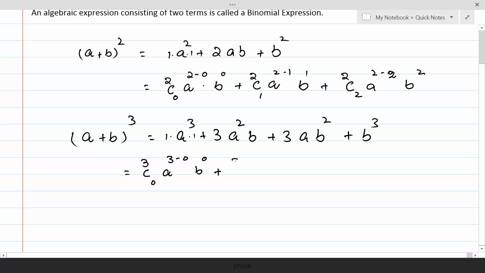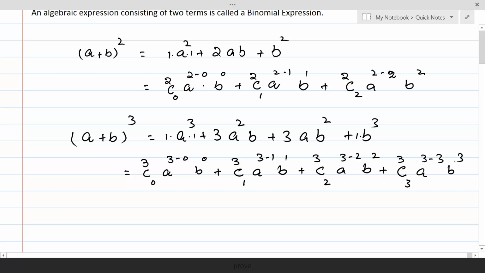Plus 3 could be written as 3C1, a power 3 minus 1, b power 1, plus 3C2, a power 3 minus 2, b power 2, plus the coefficient of b cube is 1, which is the value of 3C3, a power 3 minus 3 and b power 3.